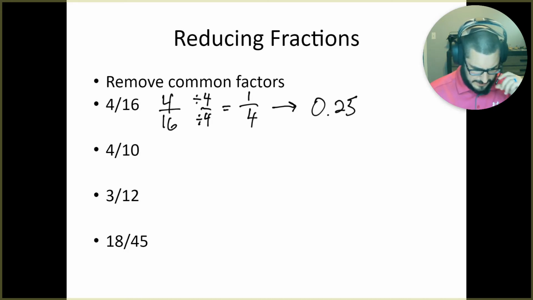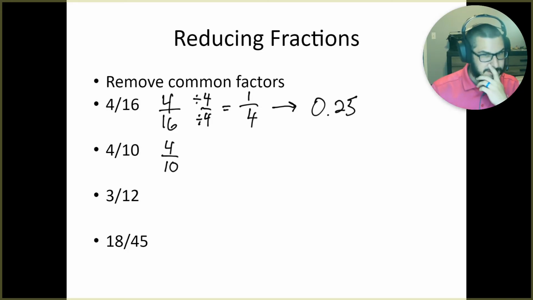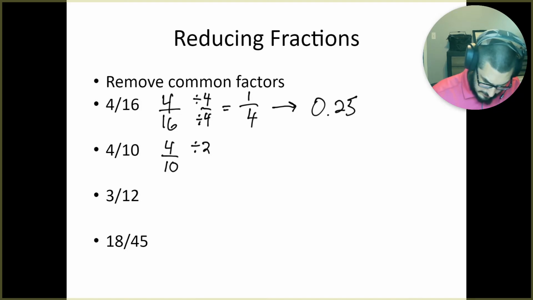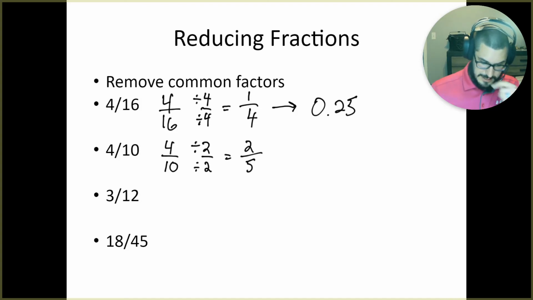And we've got 4/10. If you aren't seeing it right off the bat and you see that, hey, I can divide by 2, you can definitely do that. Divide by 2, divide by 2. So we're going to reduce that. 4 divided by 2 is 2. 10 divided by 2 is 5. Okay, so that actually reduced down.